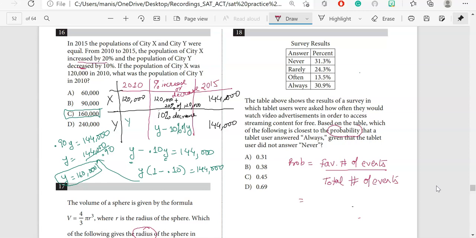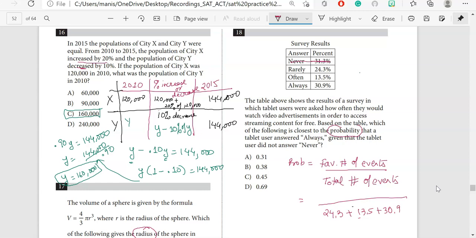That a tablet user answered always, given that the tablet user did not answer never. So this means, let's get rid of this part over here, never. So how many options are we having? Rarely, often, always. First of all, the total number of events will be all three numbers: 24.3 plus 13.5 plus 30.9.